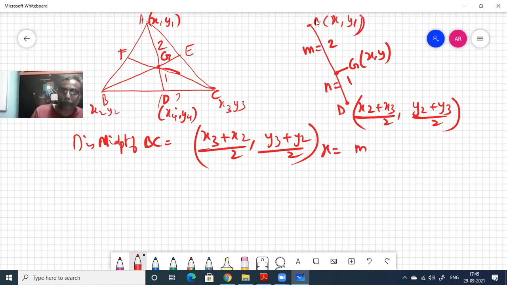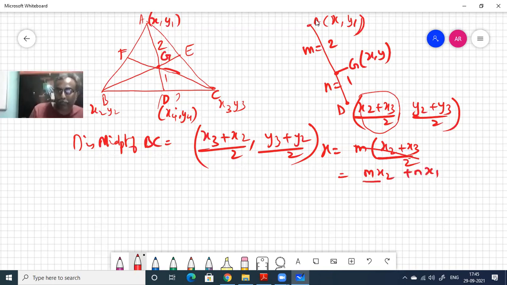So M into first this point, X2 plus X3 by 2. Okay. What is the formula? Before I go here, let me write the formula. M into X2 plus N into X1 by M plus N. This is the formula.